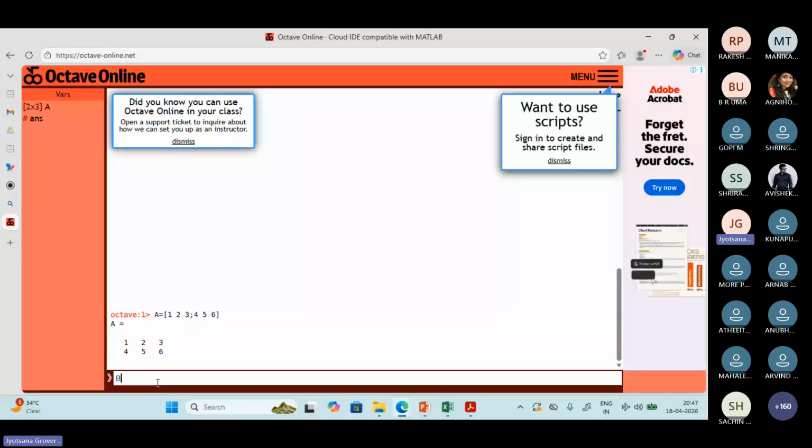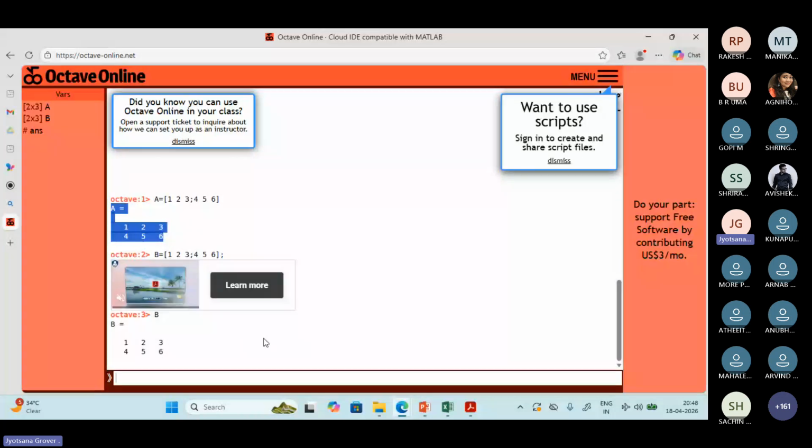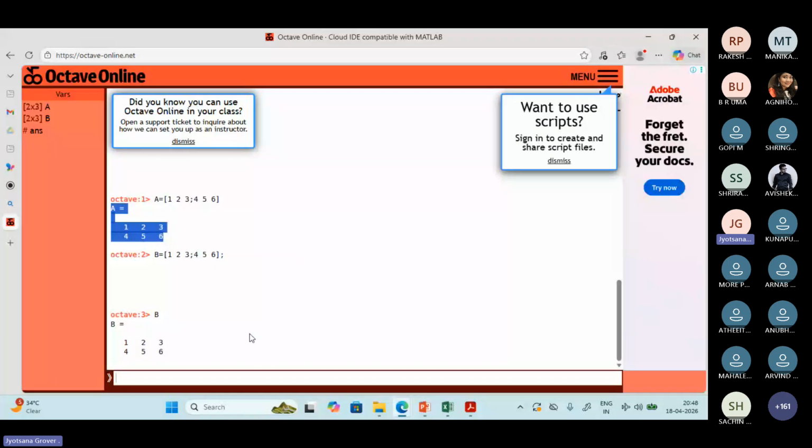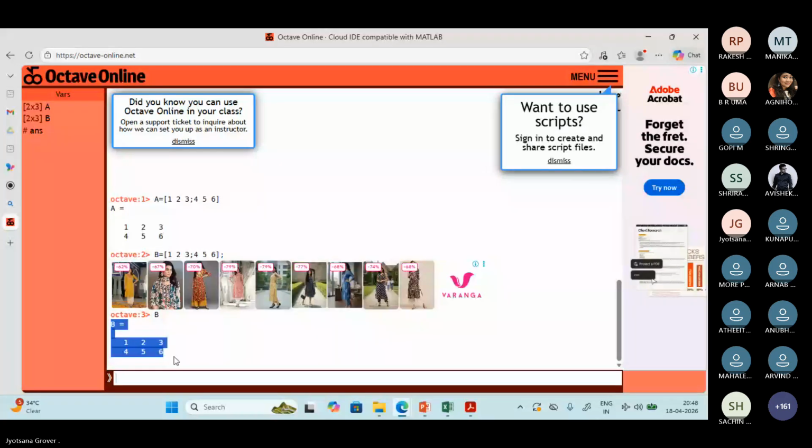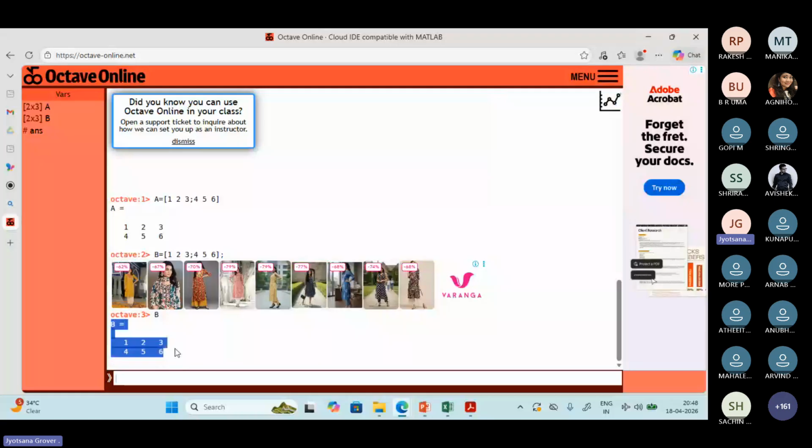B is also the same matrix: 1, 2, 3, semicolon, 4, 5, 6. See, A is this matrix. There are 2 rows in A and 3 columns in A. B is also having two rows and 3 columns.